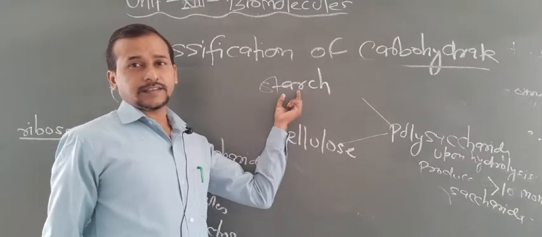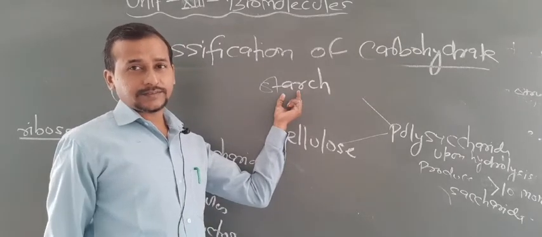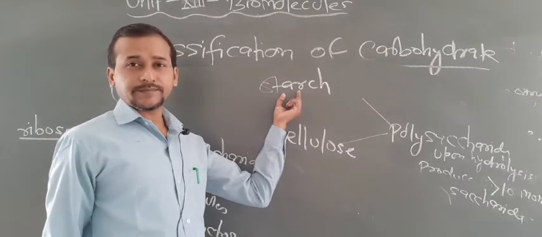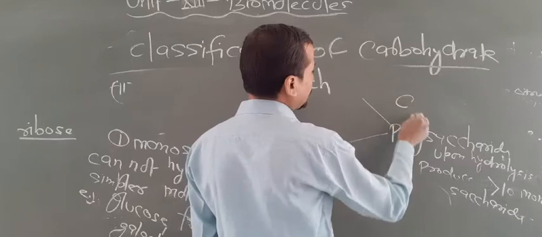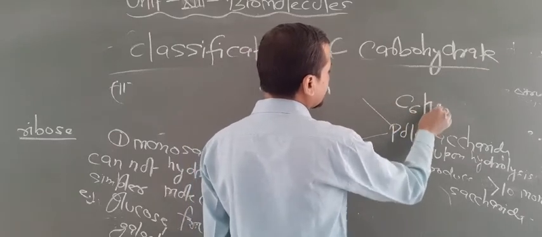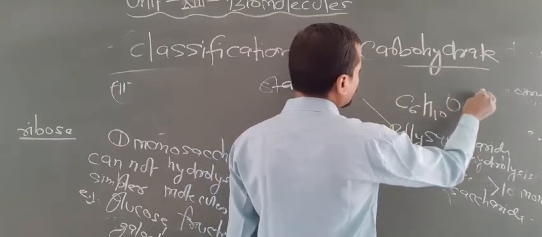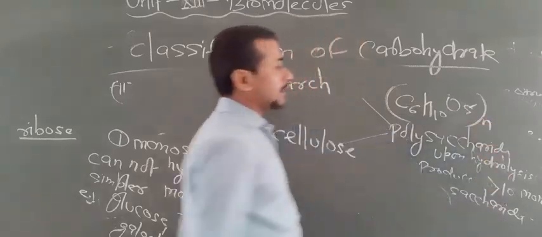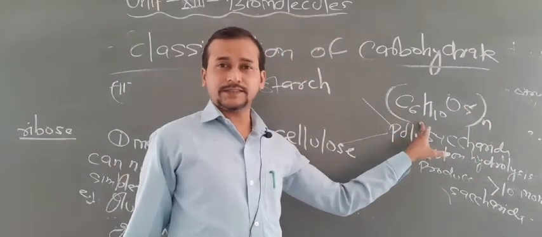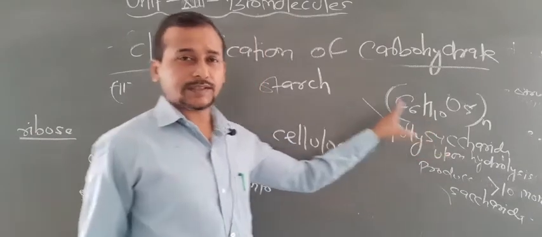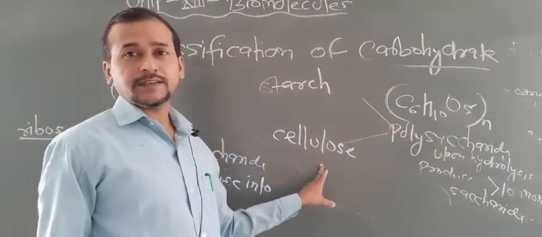That means the glucose changes into starch in the plant, which we have taken from the plant. Now the general formula of polysaccharide is (C6H10O5)n. Here n indicates the number of molecules. So this is the general formula of polysaccharide. This is also the formula for starch and for cellulose.